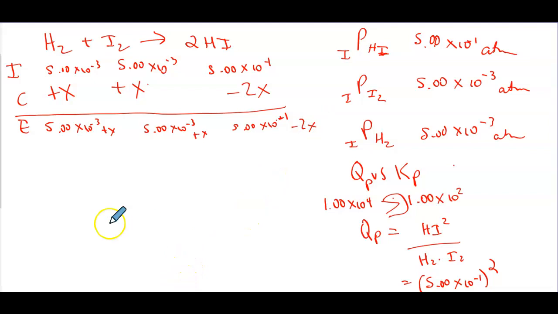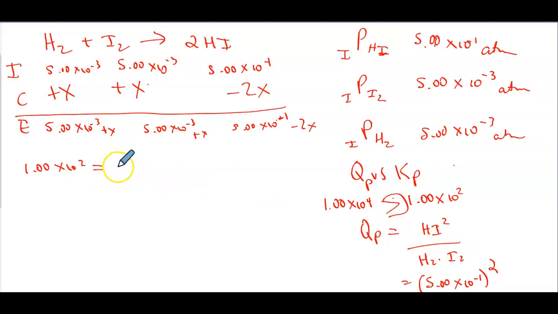Okay, so now we have E's that we can plug in because we never had E's to start with. So then we know this is going to be 1.00 times 10 to the second. That's my K value. And then we're going to keep in mind that this is going to be the same kind of expression as this thing.